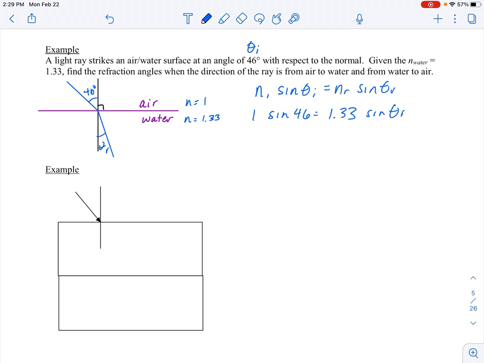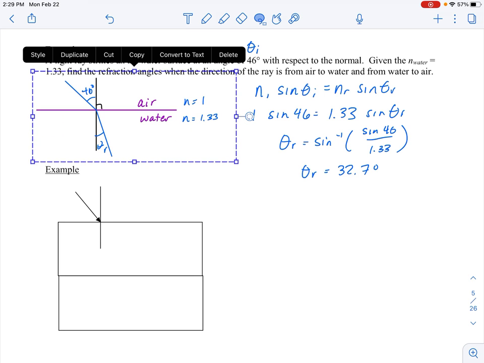I'm going to make sure that I'm in degrees. And I end up having to take the inverse sine of the sine of 46 over 1.33. And I get 32.7 degrees. There we have it.